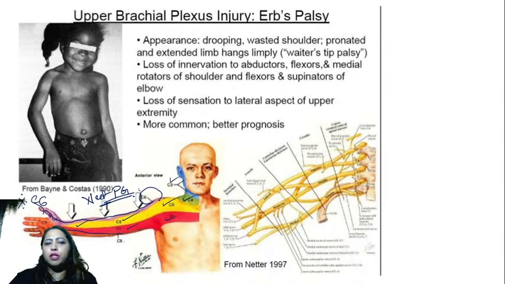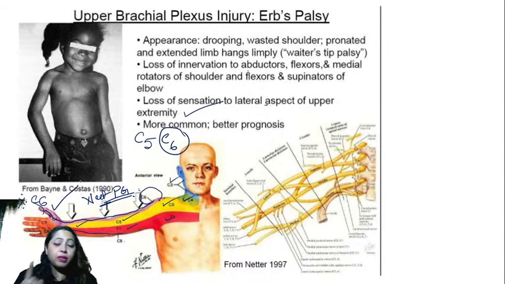So loss of innervation of abductors and then loss of sensation on the lateral aspect of the upper extremity you can see when there is an injury to C5, C6. That's why the person will definitely say that he cannot feel the sensation on the thumb. So very, very important.